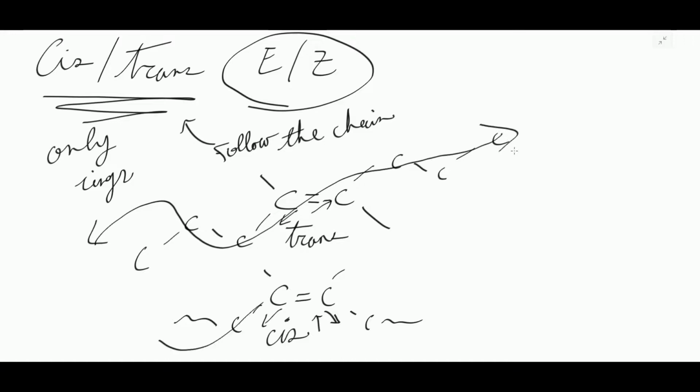If you can do that, then fine, cis and trans works, but it doesn't work for other situations, which is why they've come up with EZ notation for naming molecules that have double bonds.